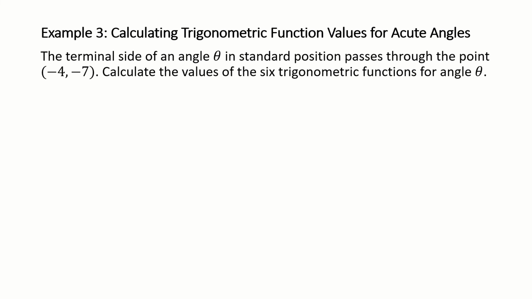So, we need to identify the location of our terminal side, and upon checking our point here, -4 and -7, this is negative, negative, so meaning quadrant 3. So x is equal to -4, y is equal to -7.